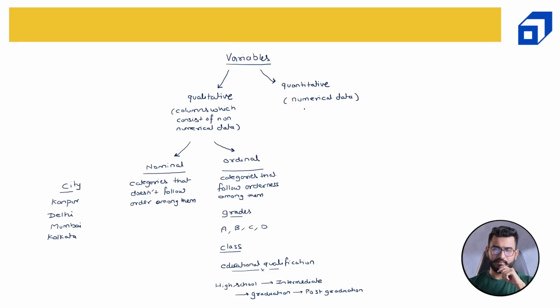Now quantitative, as the name suggests, are those variables which can be quantified. Quantitative means quantified. We can extract some quantity out of it. For example, minimum, maximum, we can perform addition, subtraction.